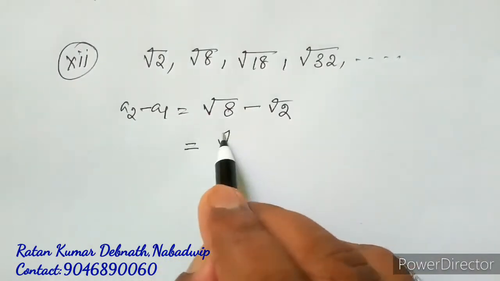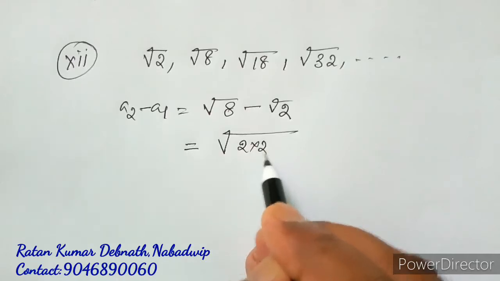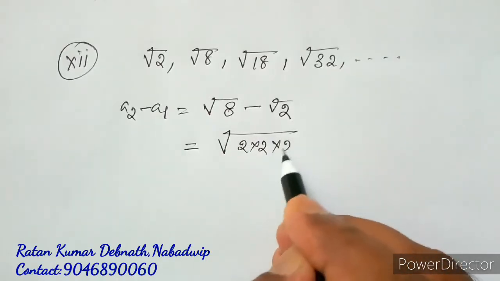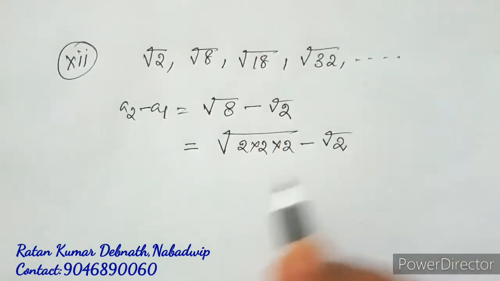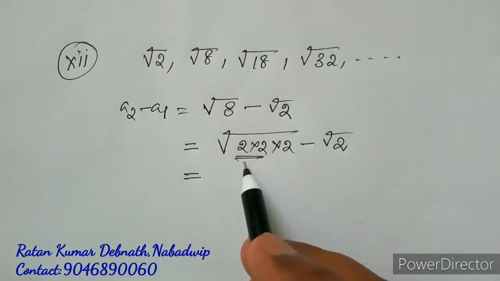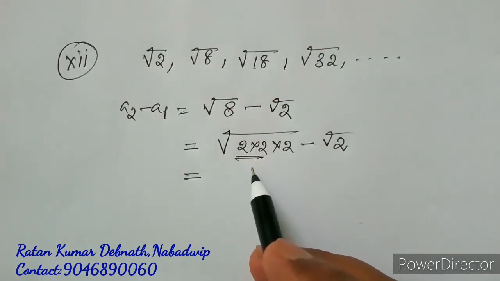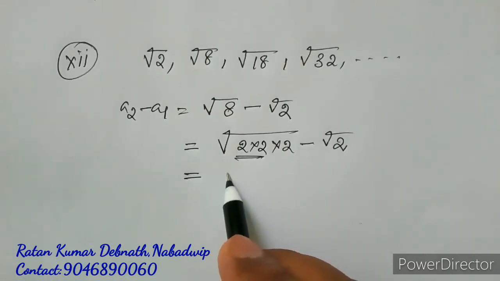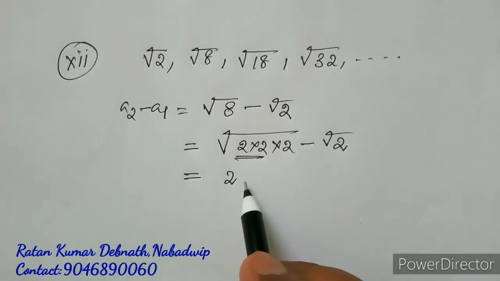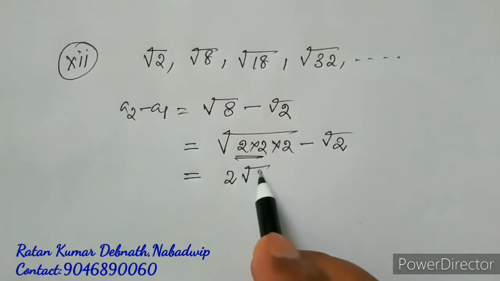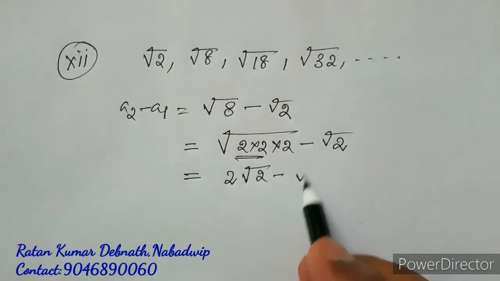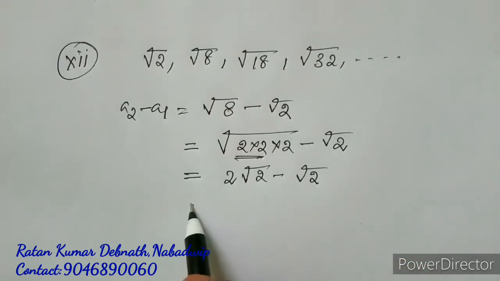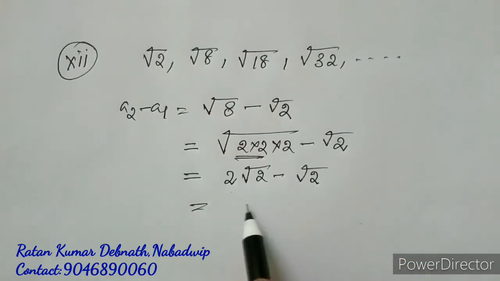Root 8 means 2 into 2 into 2, minus root 2. From this pair we can take out only single 2 outside the root sign. So 2 root 2 minus root 2. Now 2 root 2 minus root 2 means only root 2.